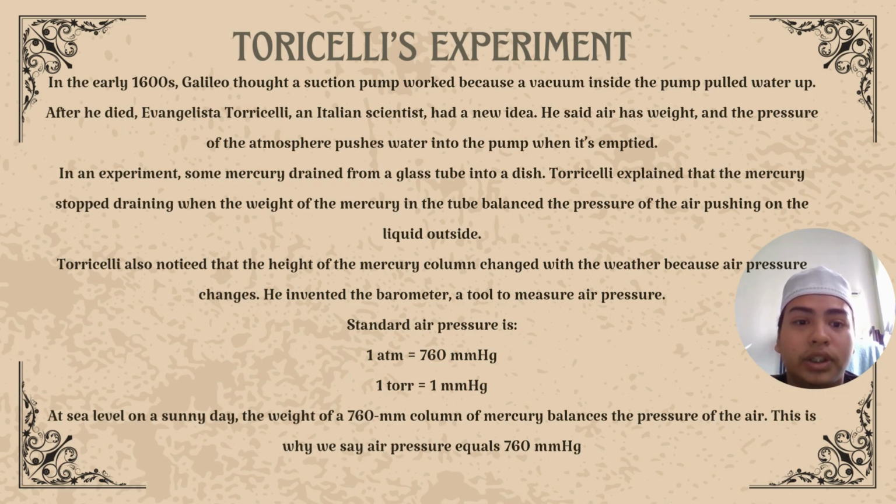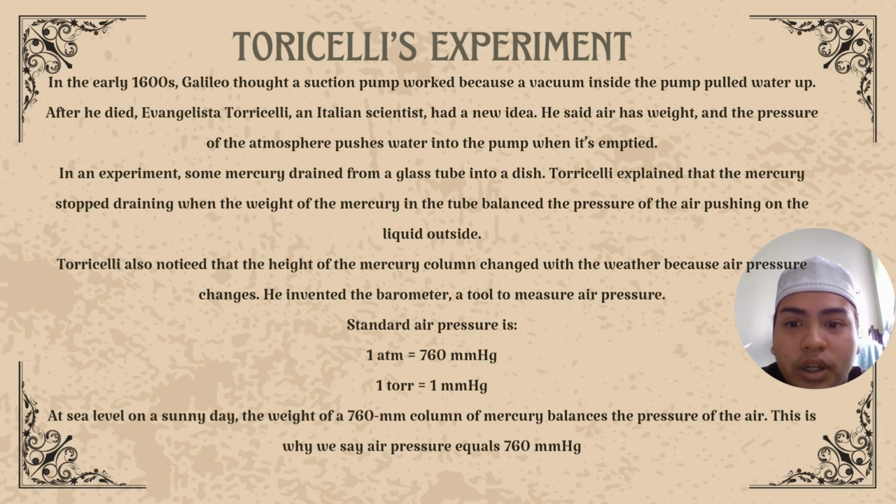This is Torricelli's experiment, but during our experiment we don't use mercury, we use water. This is just for the theory, how Torricelli found this equation. In the early 1600s, Galileo thought a suction pump worked because a vacuum inside the pump pulled water out.